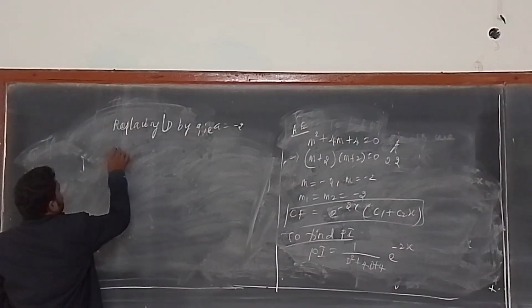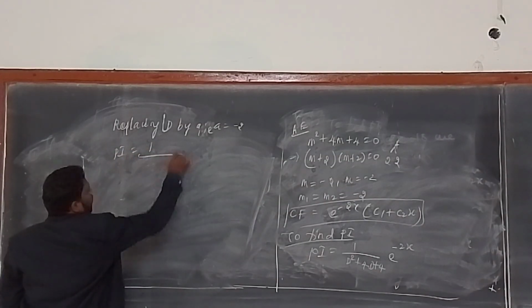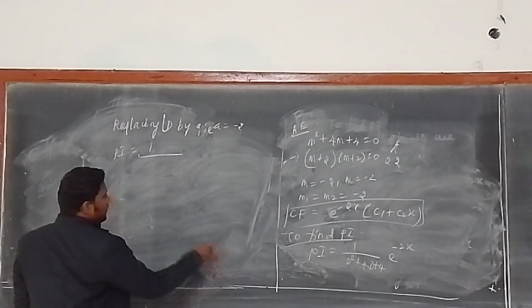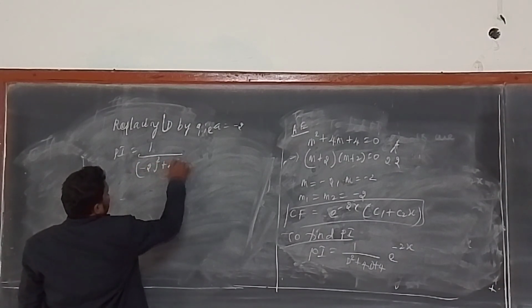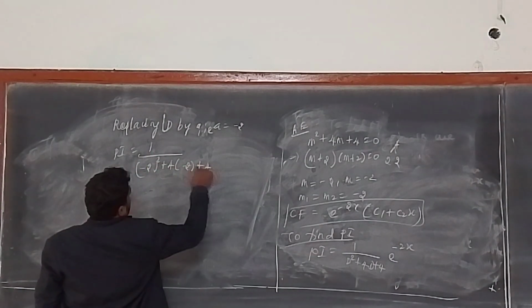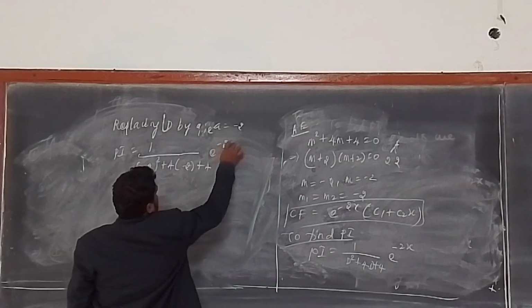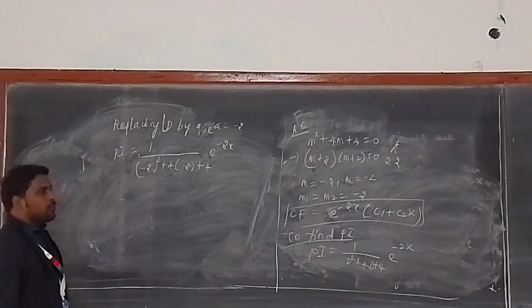Substituting here, the particular integral is 1 divided by minus 2 square plus 4 into minus 2 plus 4, into e to the power of minus 2x.